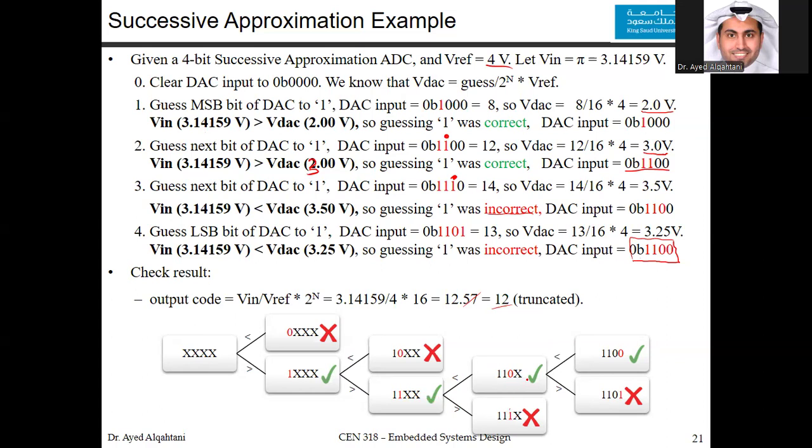You know that this one is correct from the 3rd step, and then you move. Now you know that these 3 values are correct, and you guess the last bit, and from the comparison you know this one is correct. You can see that we have 4 stages: 1, 2, 3, and 4.